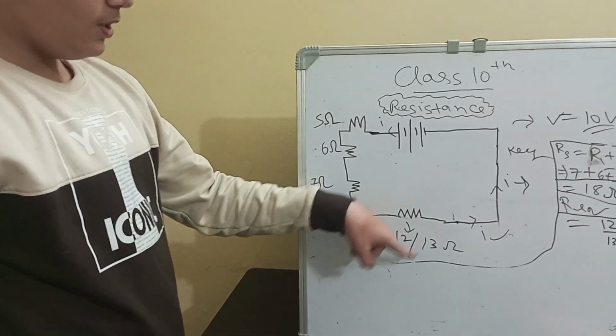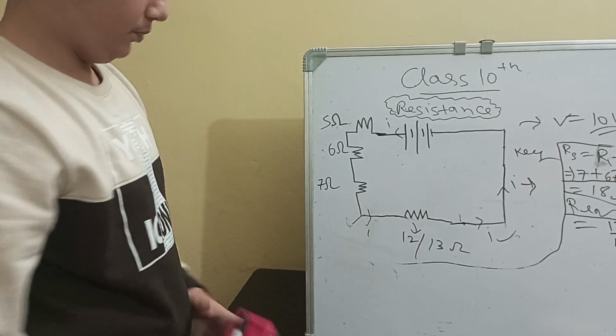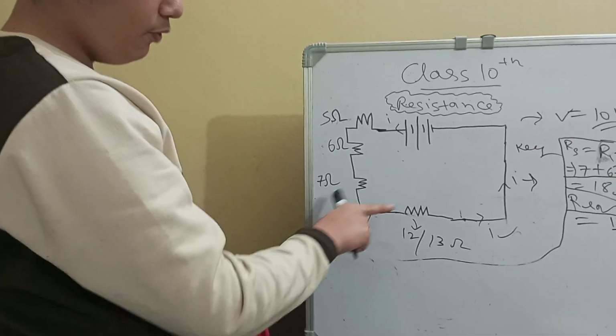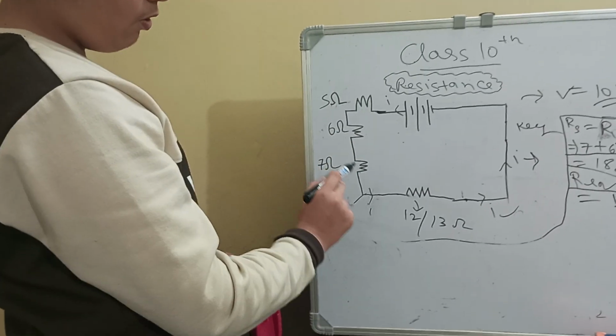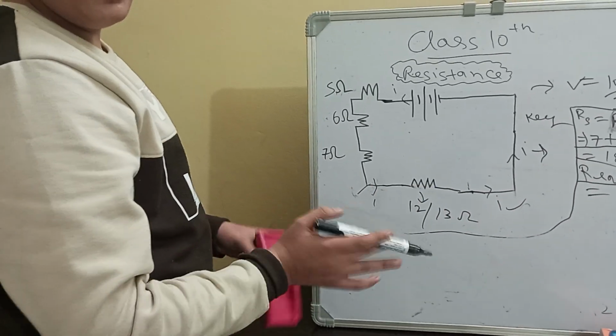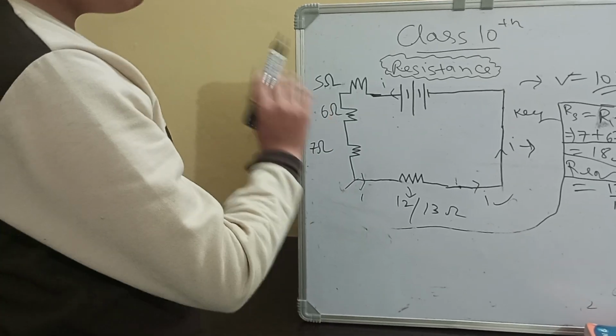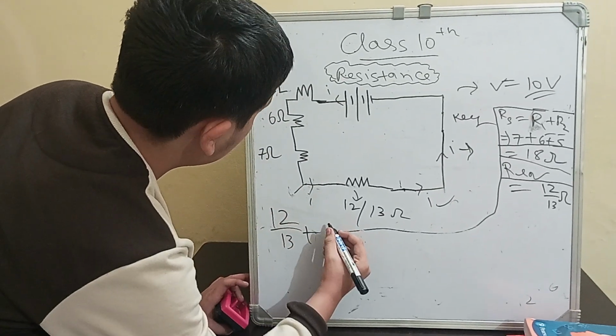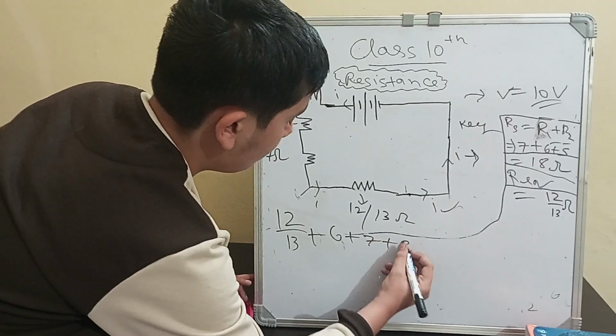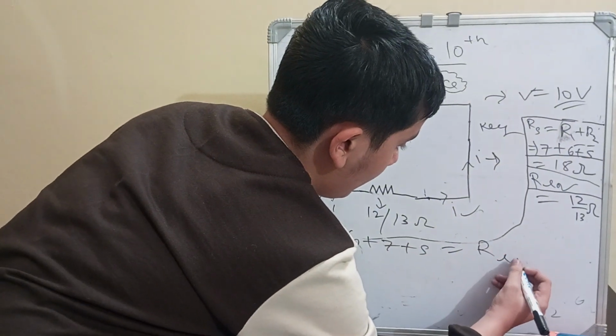We got this part 12 upon 13. Now if you look clearly, you got all these in series. When it comes to series, you can simply add them. So add all the values, 6 plus 7 plus 5 plus 12 upon 13, and you'll get R equivalent.